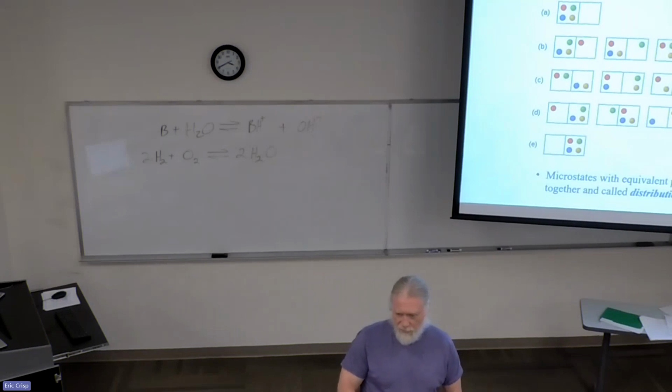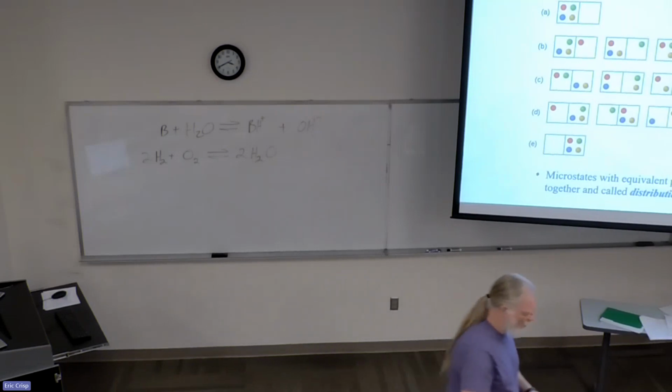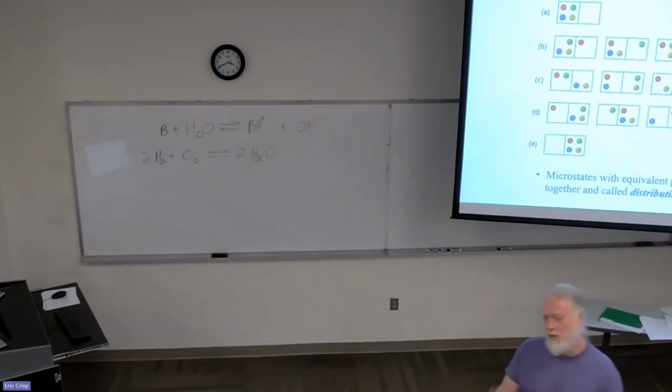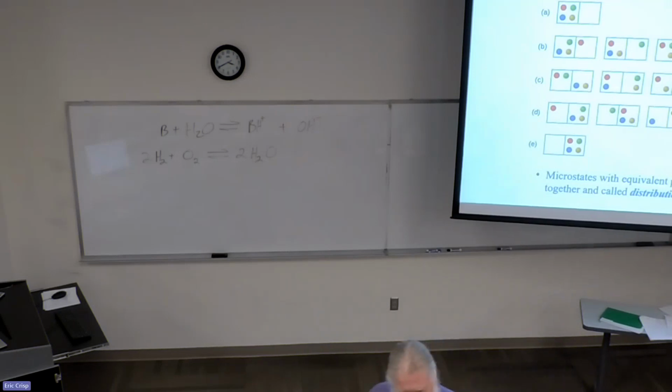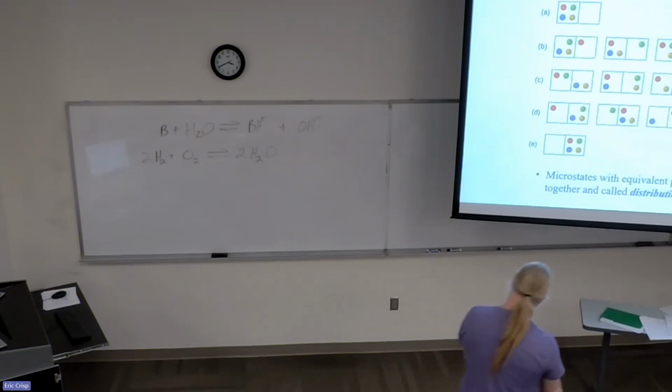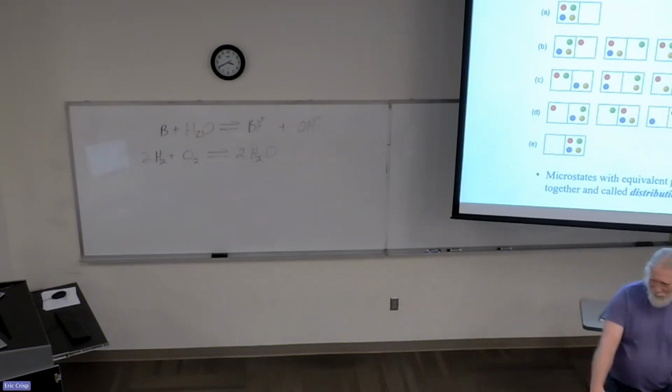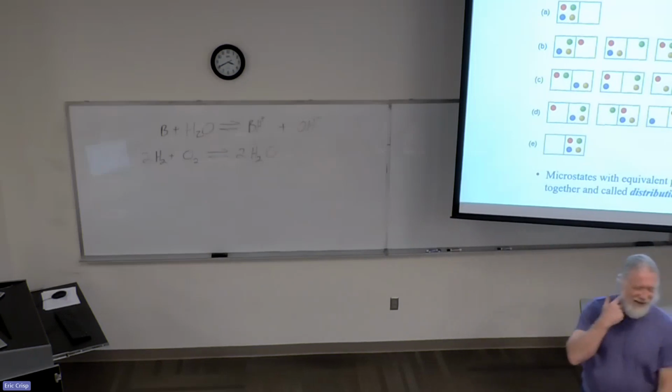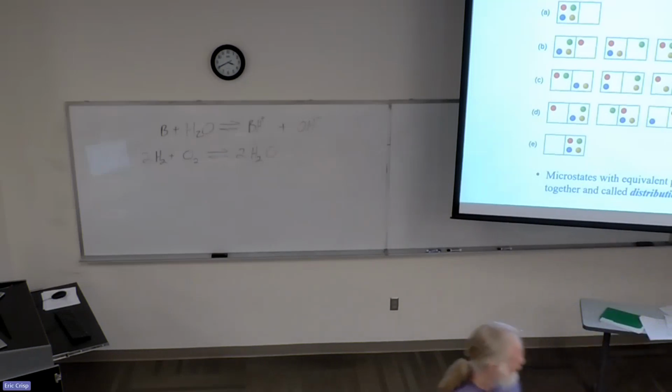How many options? How many with 2 particles? How about 3 particles? Hey, how about 4? 16. That's how we're getting 16, 2 to the 4. Okay?